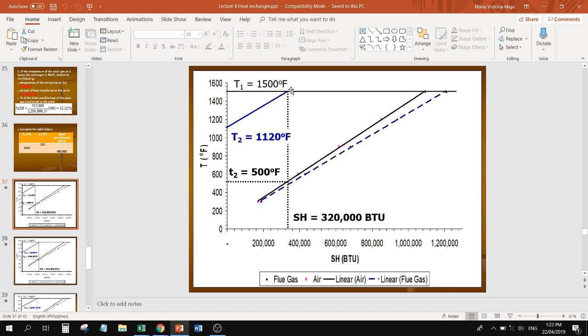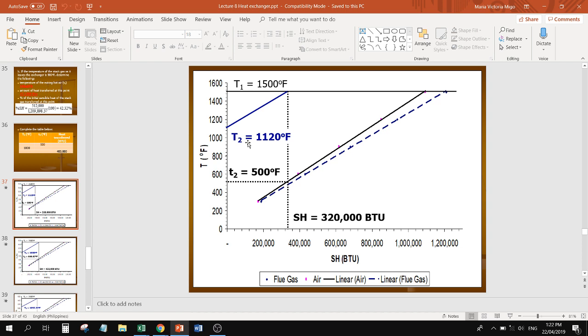With that vertical line, we intersect it with the horizontal line, capital letter T1 equal to 1500 degrees, and we make a parallel line. This should be parallel with the hot flue gas line, and this line's intersection with the y-axis would give you the temperature of the hot flue gas.